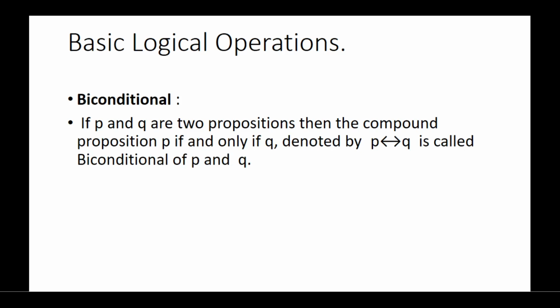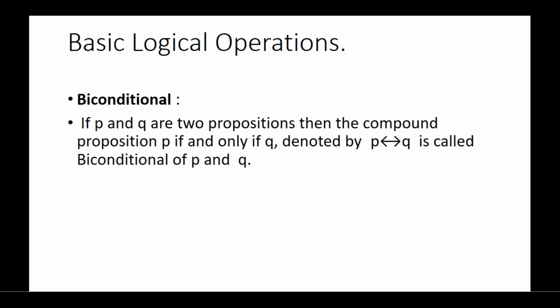The last one is biconditional. Mohan is intelligent. The second proposition is Gopal is a good swimmer. If you write these two sentences as Mohan is intelligent if and only if Gopal is a good swimmer, we call this a biconditional compound proposition.